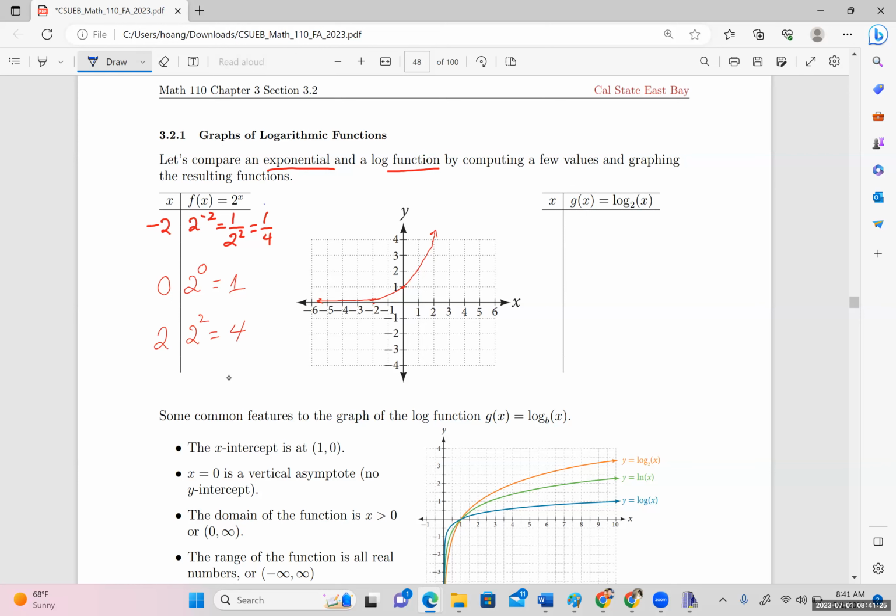I'm going to use 1/4. I'm going to use the value of y of f(x) in the exponential function, so I'm going to use 1/4.